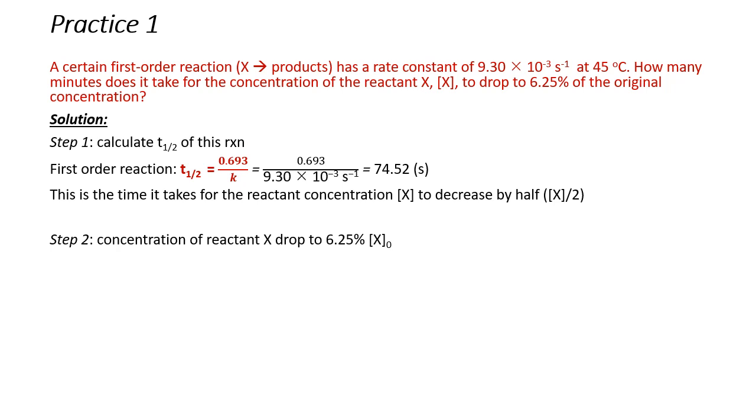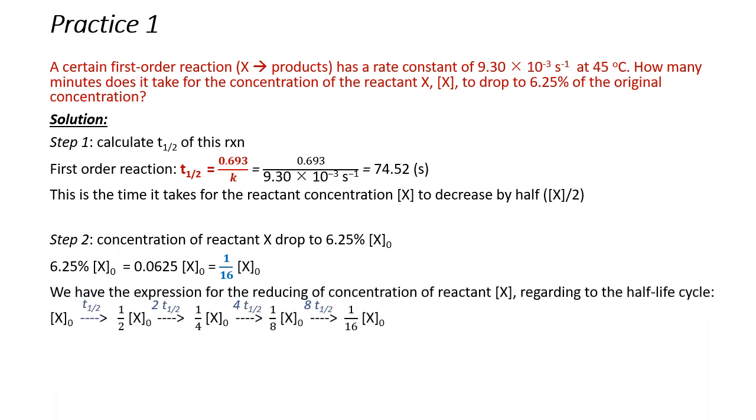Step 2. According to the question, the concentration of the reactant dropped to 6.25%. 6.25% of the initial concentration of X equals 1/16 of the initial concentration of X. And we use this equation to express the reduction of the concentration of reactant X regarding the half-life cycle.